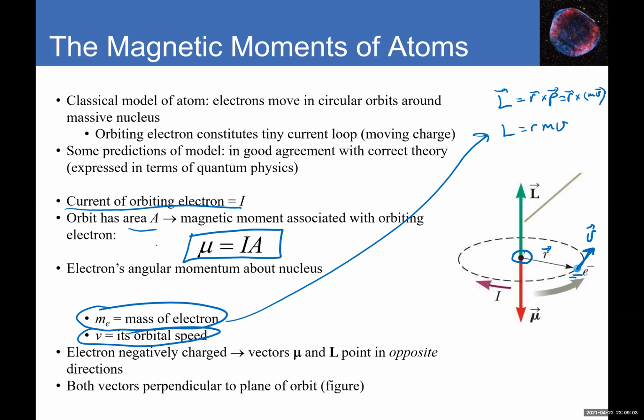That is the magnitude of the magnetic moment. And because this charge is negative, the magnetic moment will be in the opposite direction of the angular momentum. So these are the equations for the angular momentum and the magnetic moment of the atom.